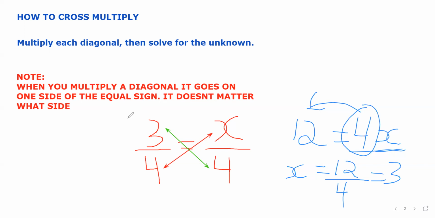You multiply the diagonals, and each diagonal goes on one side of the equal sign, and the other goes on the other side. Once you're doing the correct steps, it doesn't matter which side.